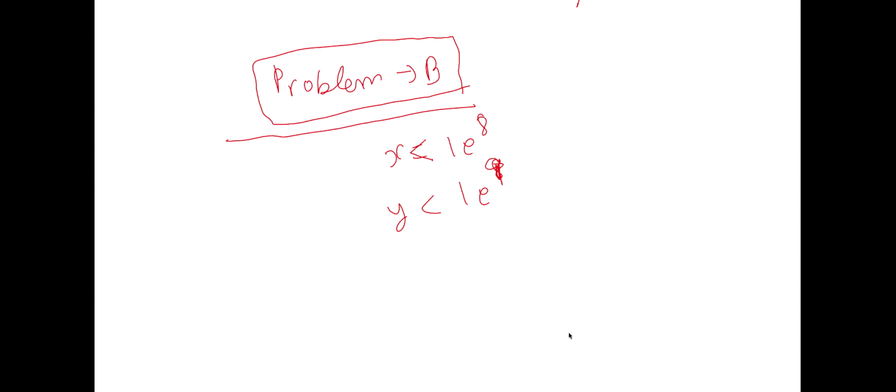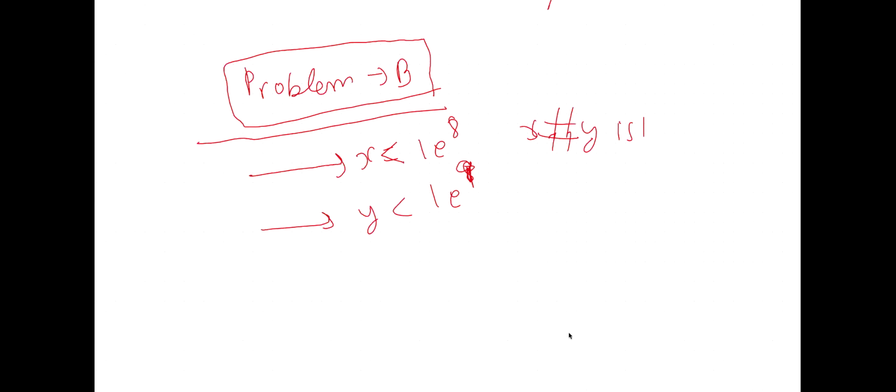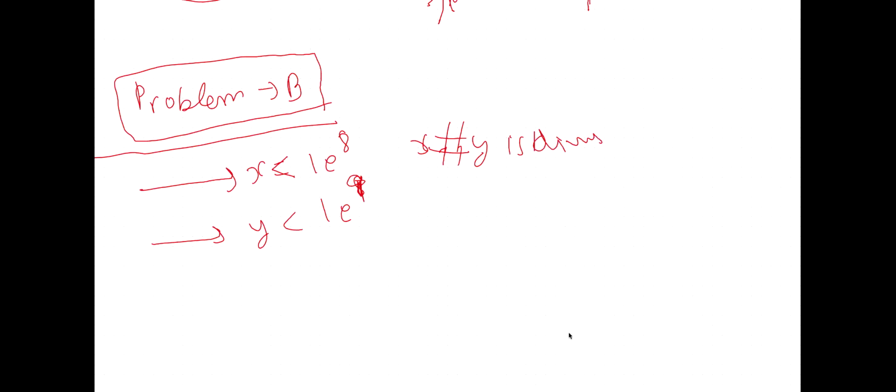To win, Bob has to find another positive integer y. So Alice has this x, and you have to find this y such that x hash y is divisible by x plus y.